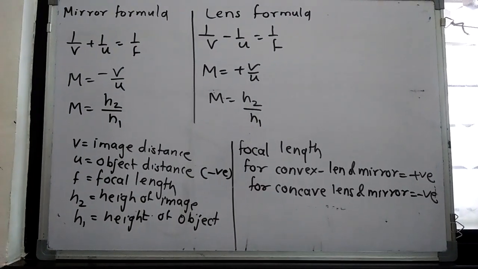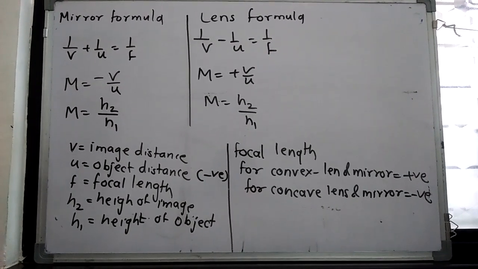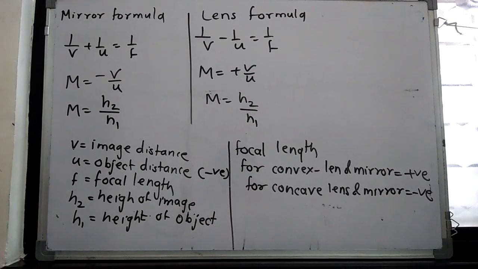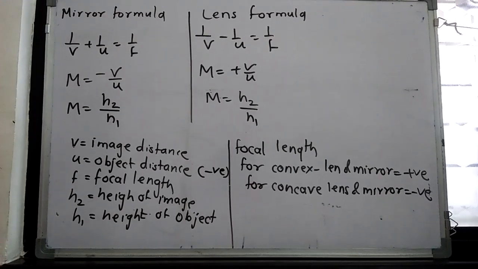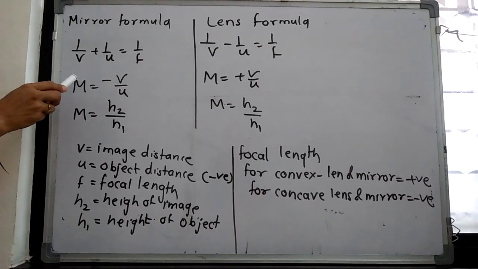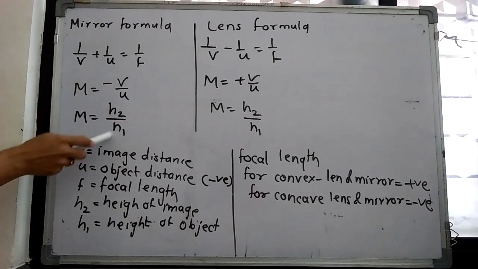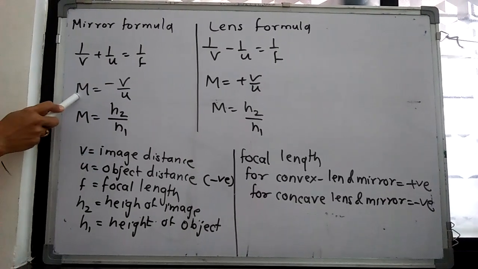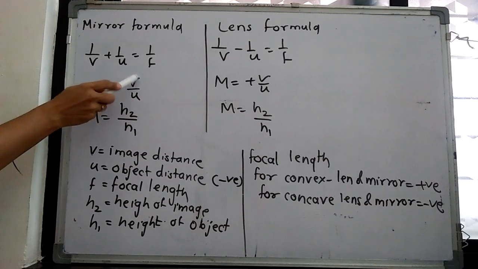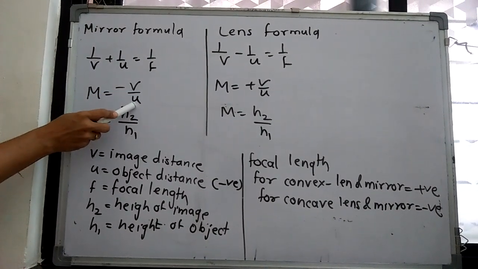Magnification. What is magnification? How we can connect the image to the object, whether it is greater than the object, smaller than the object, or the same size as the object, that is nothing but the magnification. And magnification is studied in two ways, by the distances or by the heights. So magnification for the mirror is minus V upon U, minus image distance to object distance.